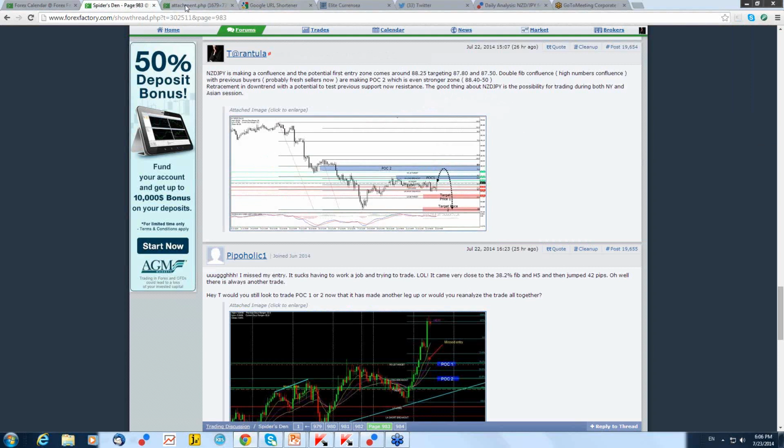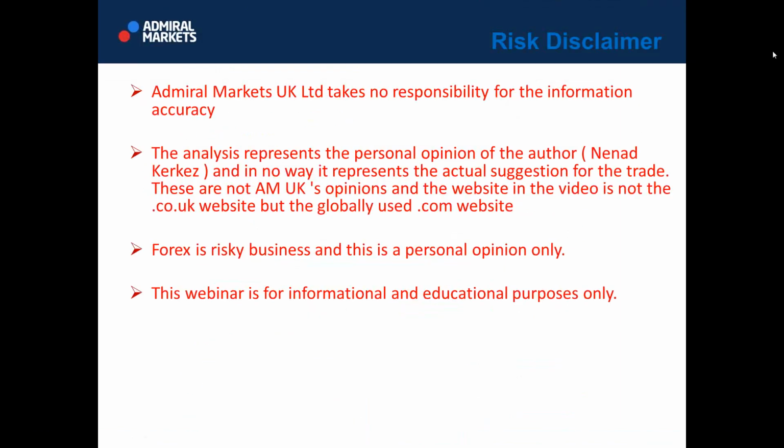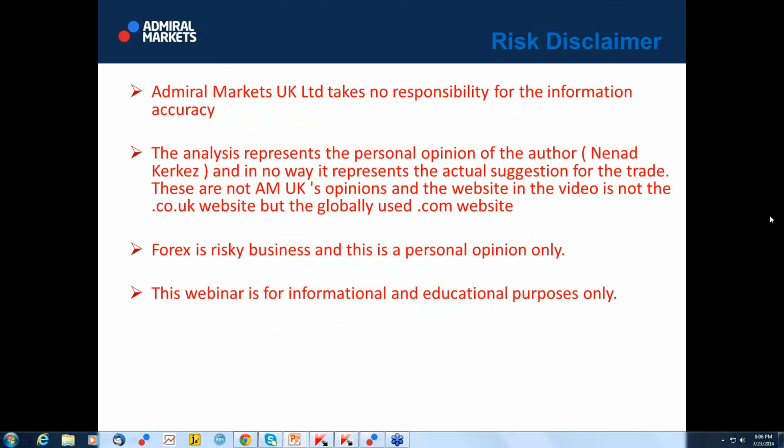Always when I do those recaps, you know that price needs breathing room. If you enter at the POC, then you'll be making pips.